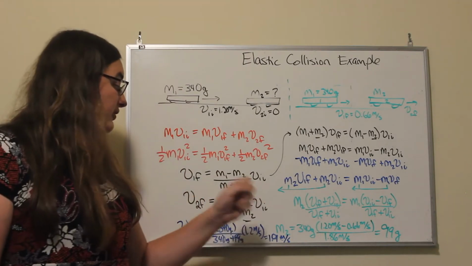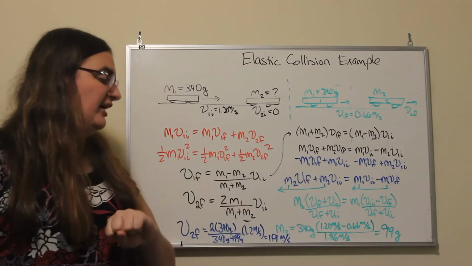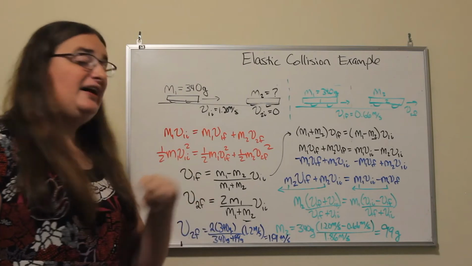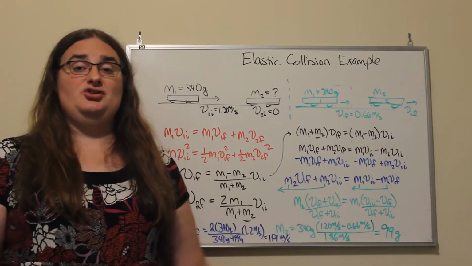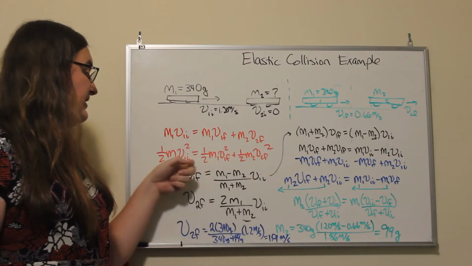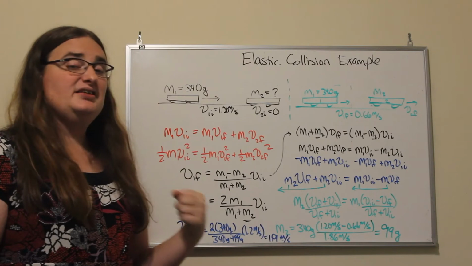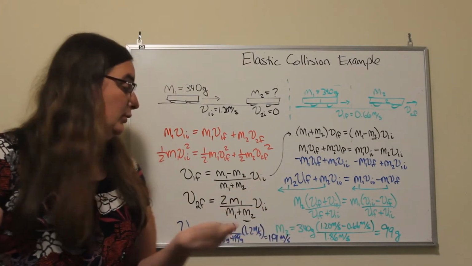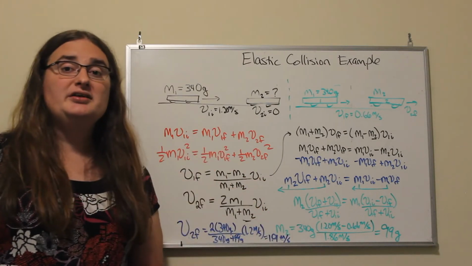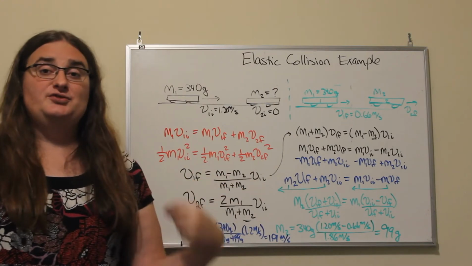So, we know the initial velocity of object 1, we know m1. Once we find m2, we can find the final velocity of object 2. And to find m2, we can take this first equation, because we have the final velocity of 1, we have the initial velocity of 1, and we have the mass of 1, so we could invert this to solve for the mass of 2.